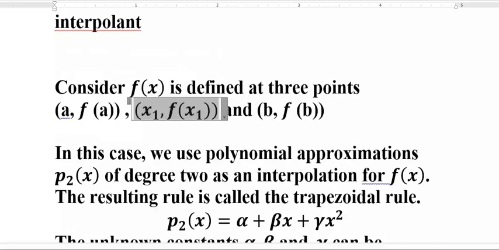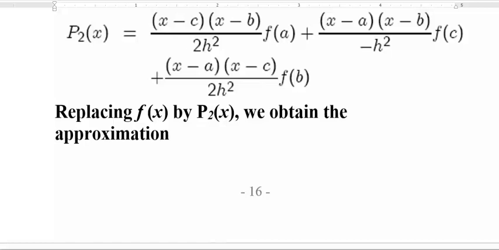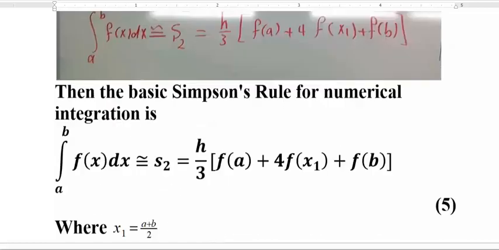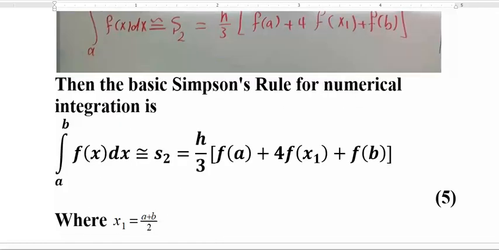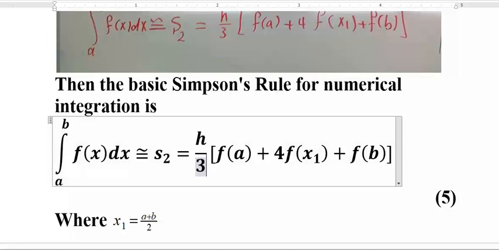The basic Simpson rule: the integration from a to b of f(x) dx is approximately S2 equal h over 3, not h over 2 as in the trapezoidal rule. Here we have f of a, and in the last we have f of b, same as trapezoidal.